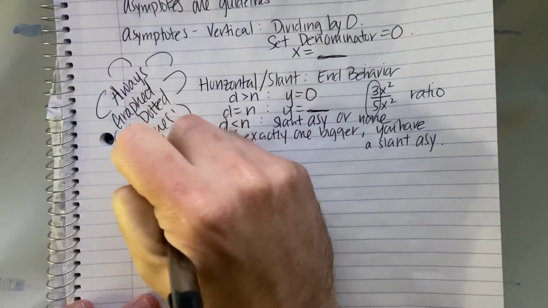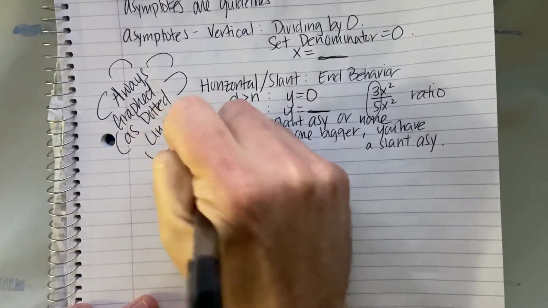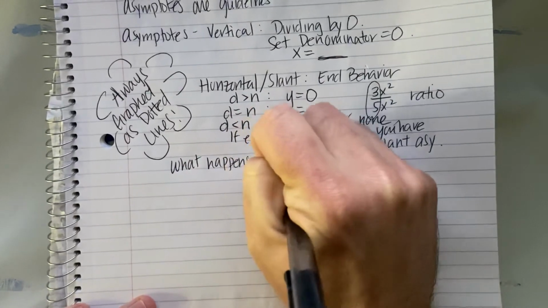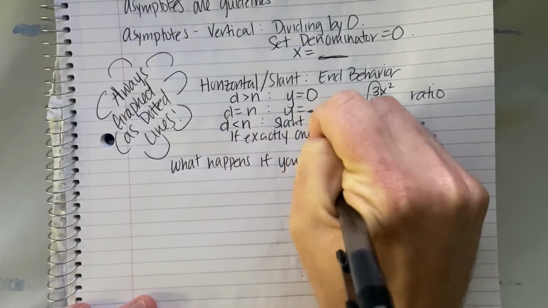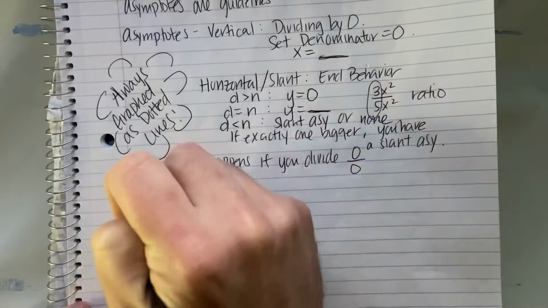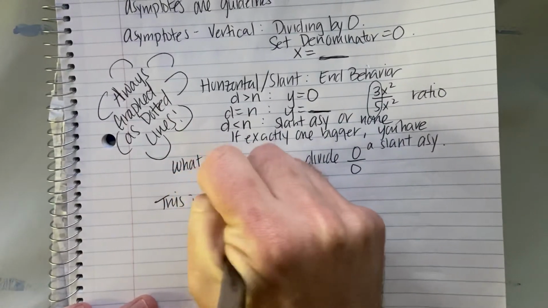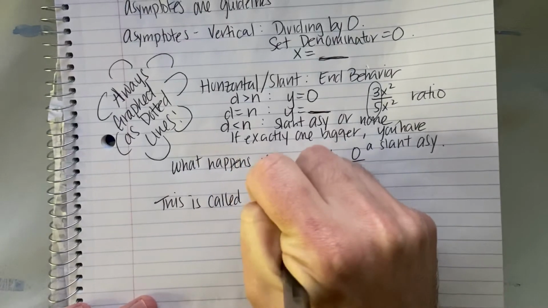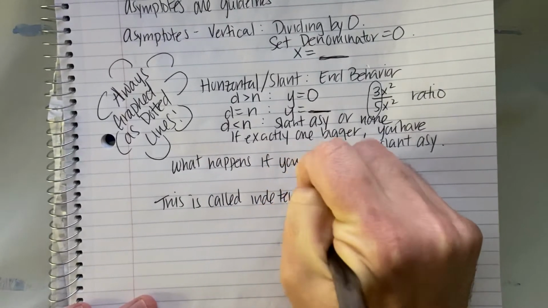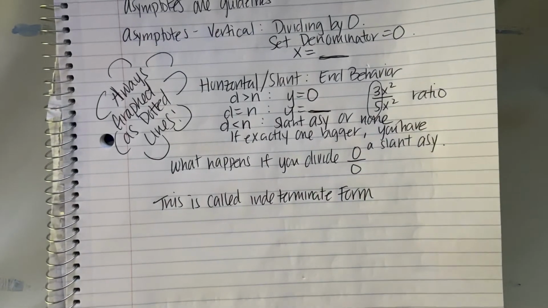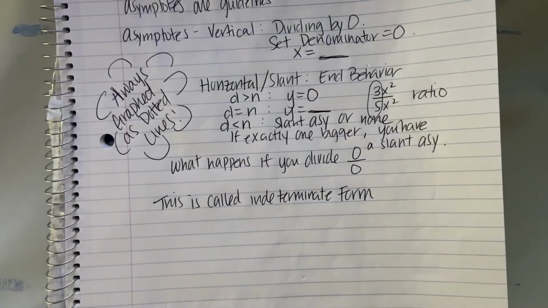But what happens when you divide 0 by 0? This is called indeterminate form, because we don't know what 0 divided by 0 is. So there's no way for us to know.